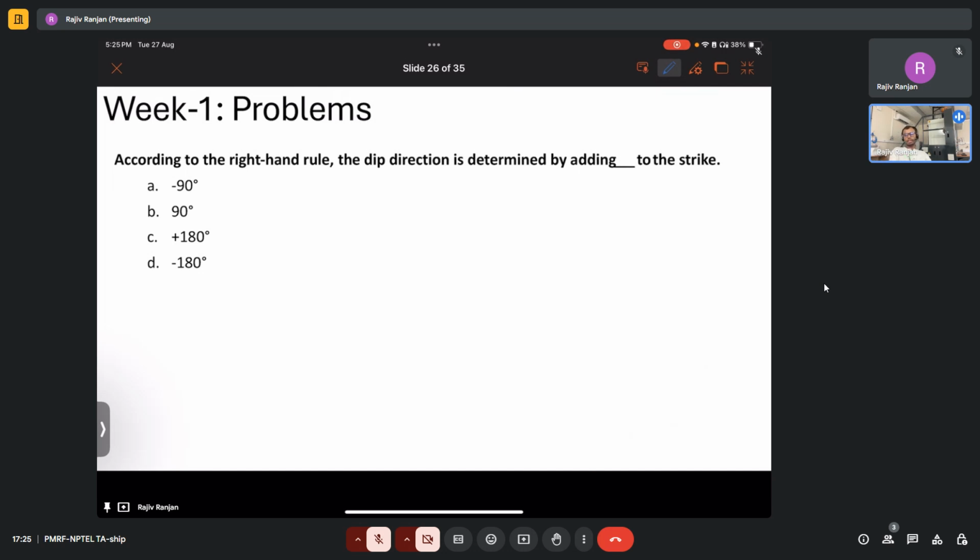According to the right hand rule, the dip direction is determined by adding 90 degrees to the strike. This also I have discussed in this live session in the beginning.